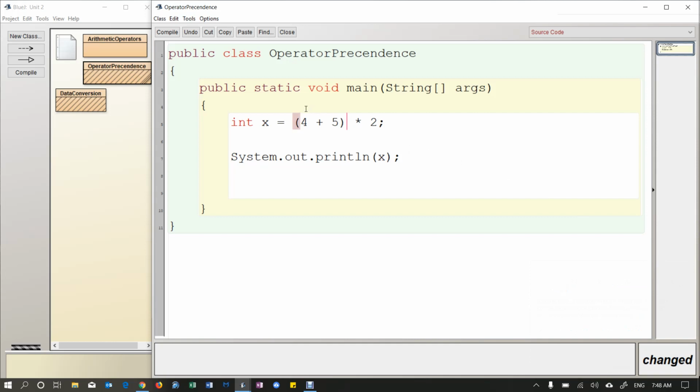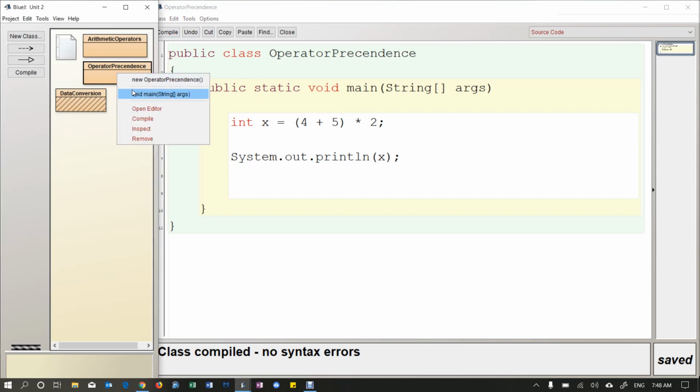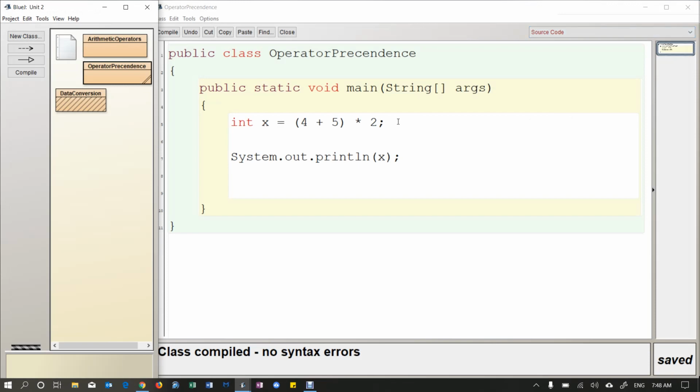Okay. So now Java will do this sum first, 9, and then it will multiply by 2. And so now if I run it, now x should be 9 times 2, which is 18. And there you go.